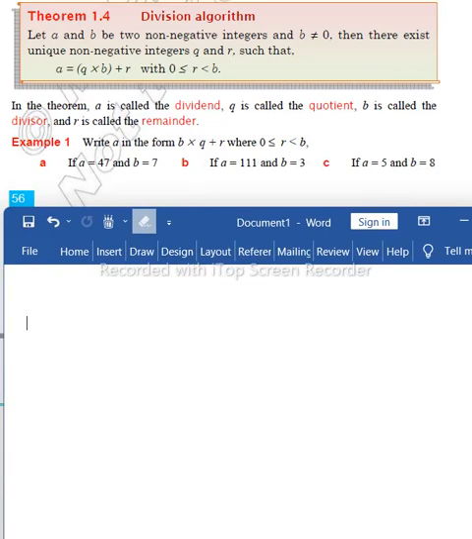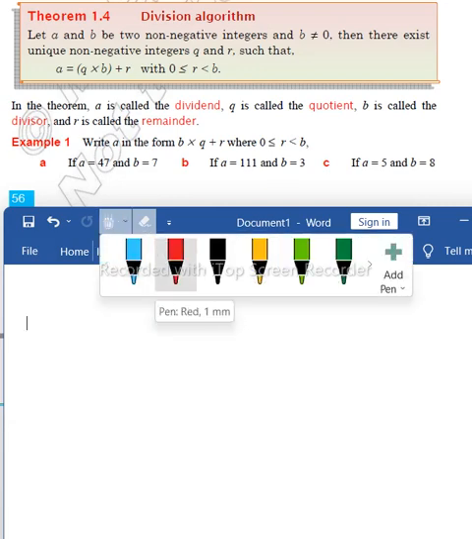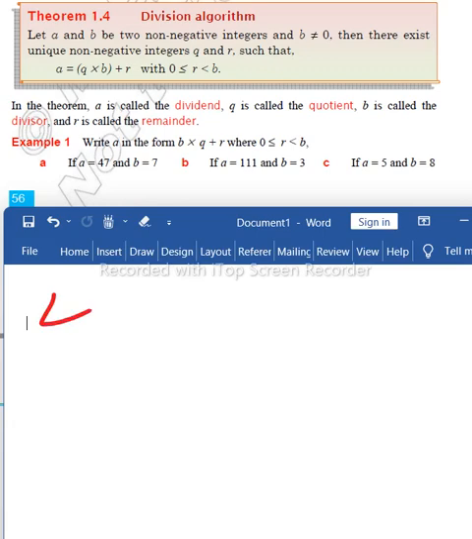Write A in the form of B times Q plus R, where 0 is less than or equal to R, and R is less than B. R must be less than B, because the remainder must be less than B. Let us see the example: A is 47 and B is 7.